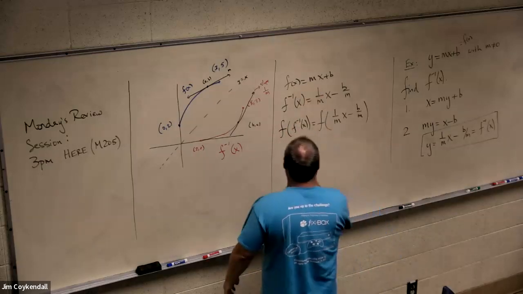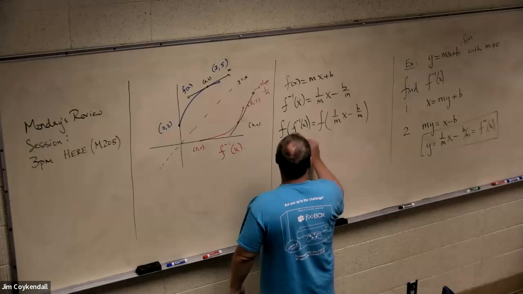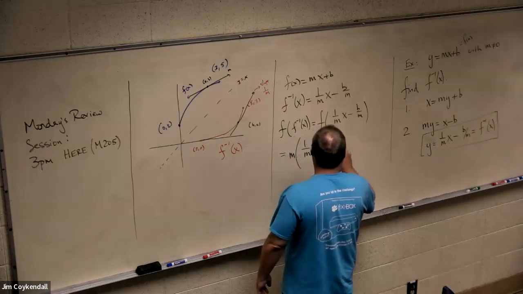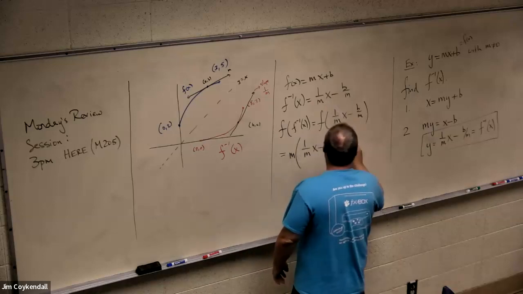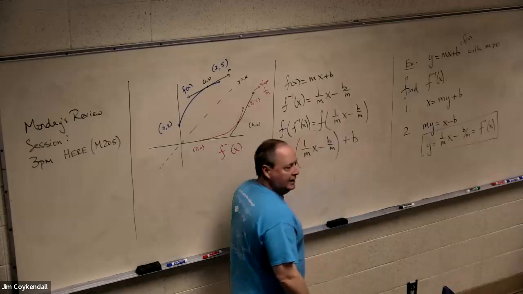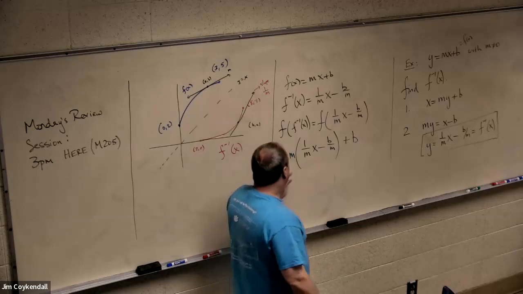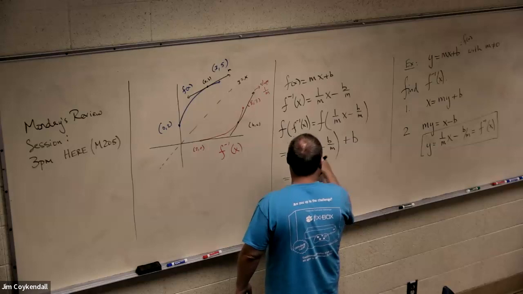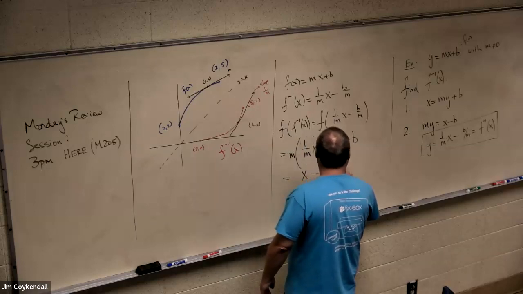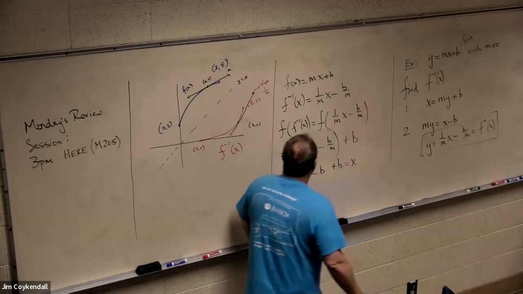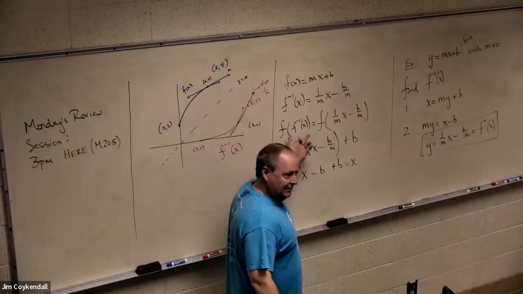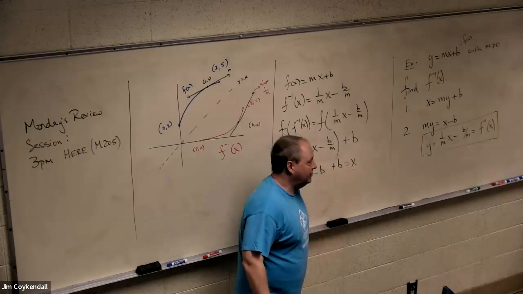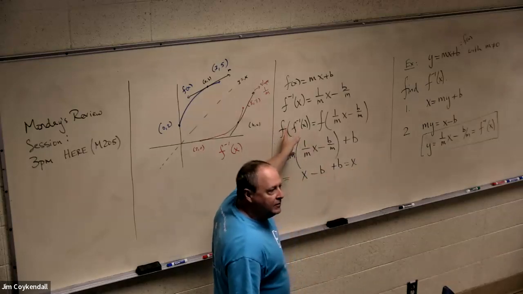It multiplies it by m, m times my blob, and then it adds b, whatever the result was. See what happens. This becomes x minus b plus b, which is x. There we go. So it inverts the function. Start with x, do f inverse, then f, get back x. Check it the other way.